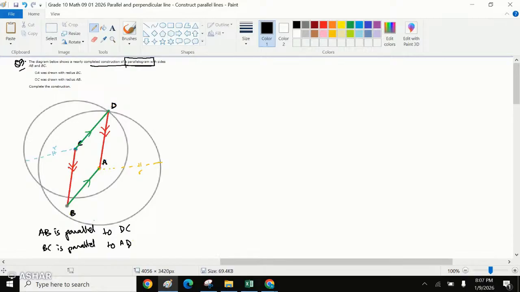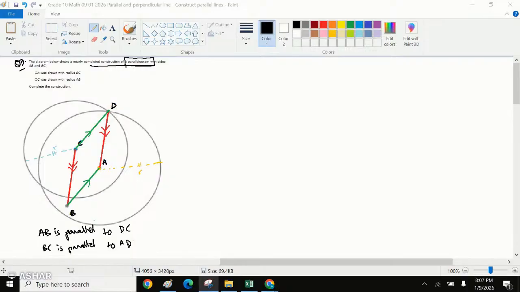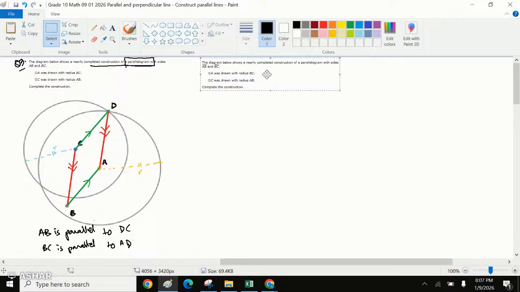Moving on ahead with the next question. Okay. It says the diagram below shows a nearly completed construction diagram. Kind of the same statement. For question number 4, this would be our question number 4.